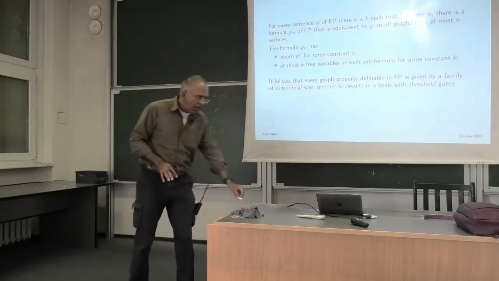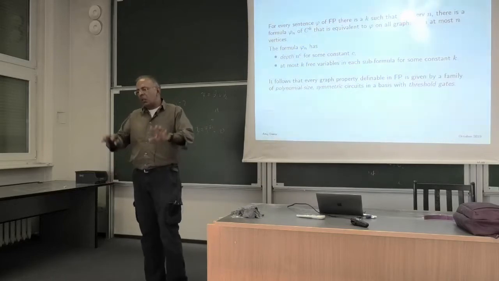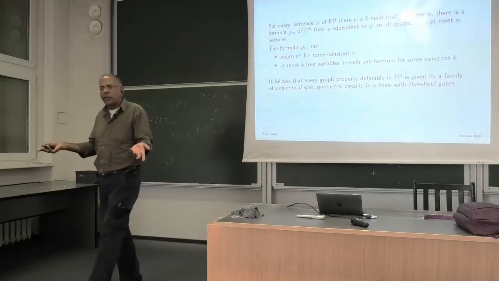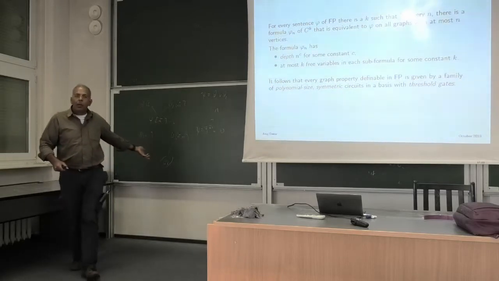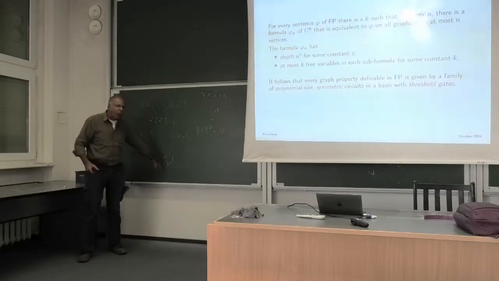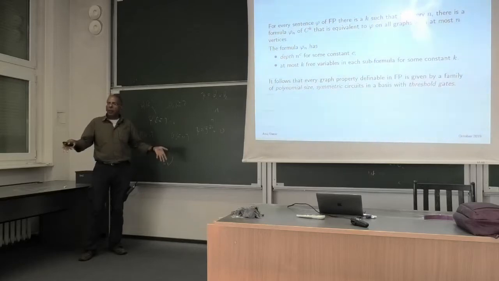Now, in the world of circuit complexity, threshold gates in the context of polynomial-sized circuits are not usually considered because you can just replace them, we know, with ordinary gates. You can compute a threshold gate with just ands, ors, and nots. But the point is we can't do this while preserving symmetry.